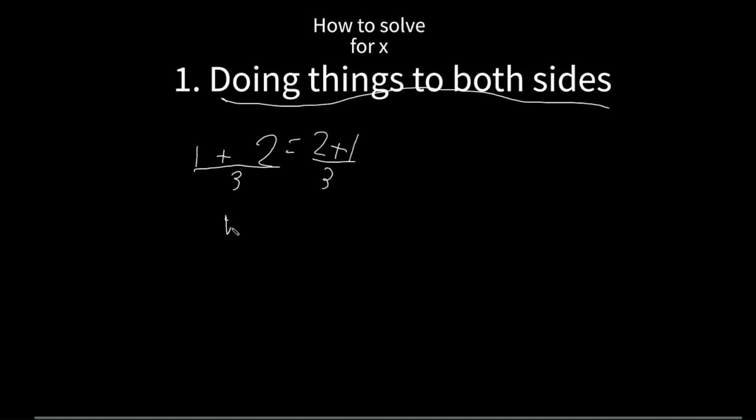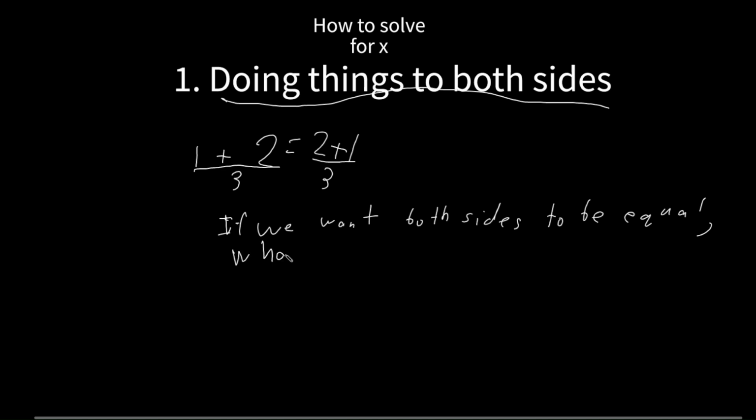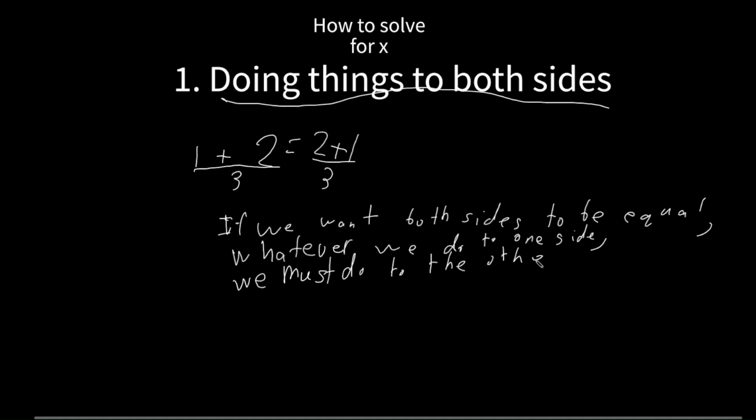This may be a bit confusing, but I think we can get a general pattern from here. If we want both sides to be equal, whatever we do to one side, we must do to the other side.